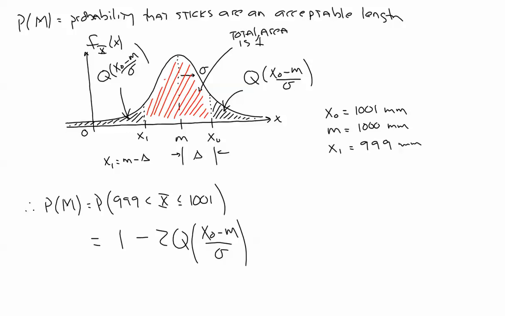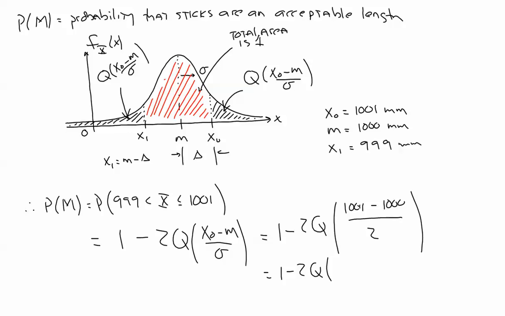The area of the upper tail is Q of x naught minus m over sigma. So this is going to be 1 minus 2 Q of 1001 minus 1000 divided by 2. This is 1 minus 2 times the Q function evaluated at a half. You can look that up in tables, or you can use the Q function MATLAB code that I sent you earlier.